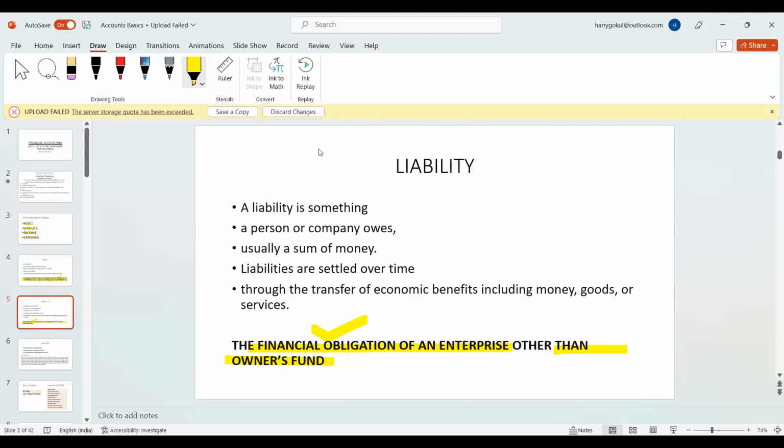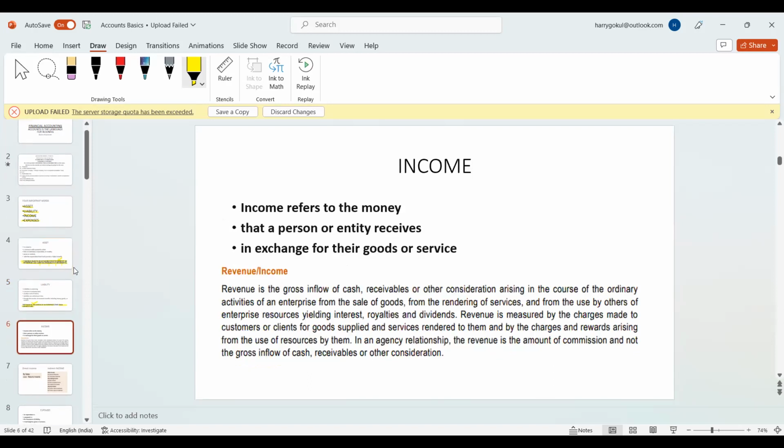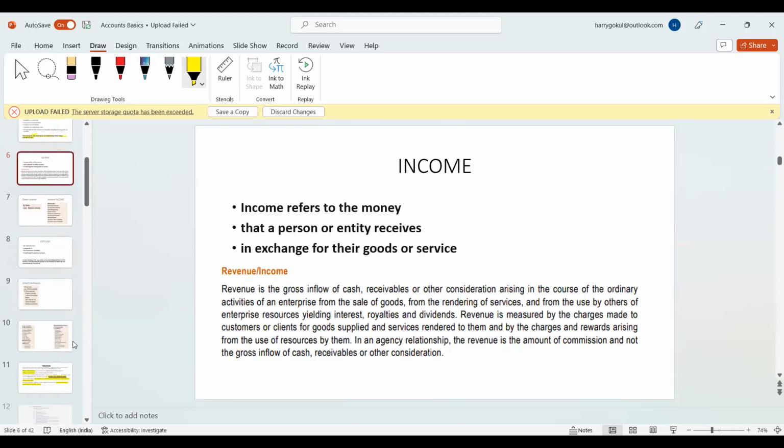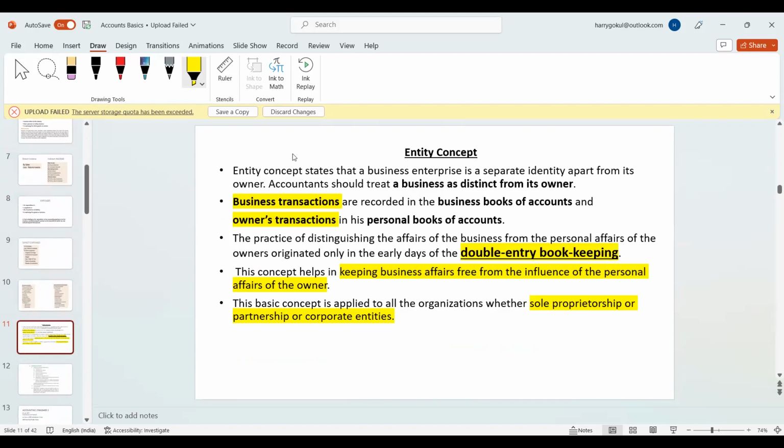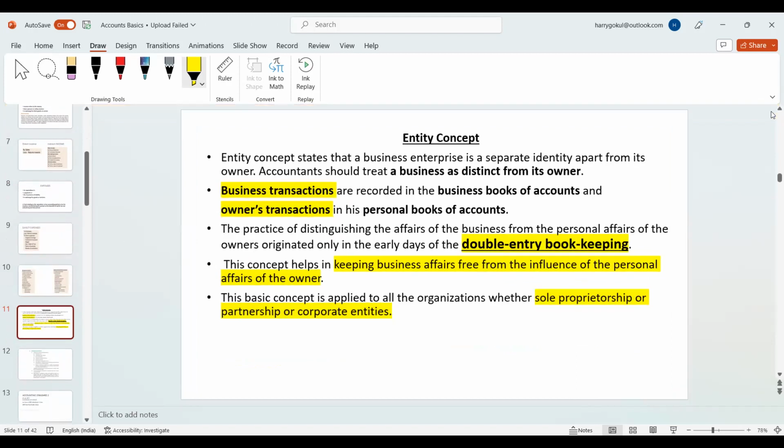And one more thing: other than the owner's fund. Why is there something called the owner's fund? There is something called the entity concept, and that's the reason we have the owner's fund separate. As per the entity concept, the business enterprise is a separate entity apart from its owner.